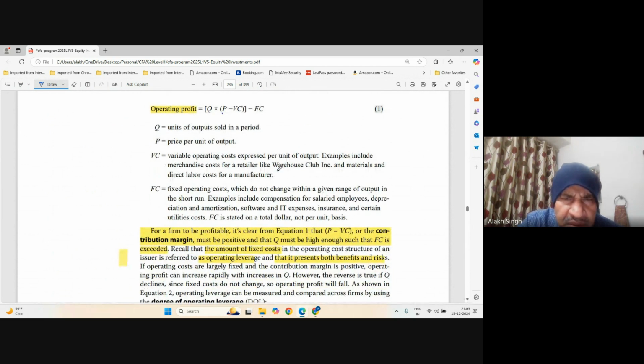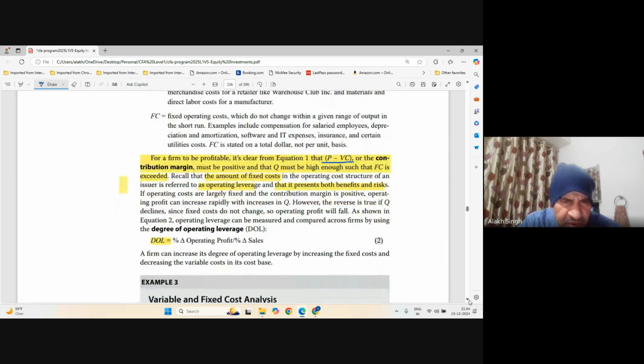And then this one is QP, total revenue, minus QVC, variable cost, and QFC, fixed cost. The price P minus VC is called contribution margin and must be positive. And rest of the things are very much clear. So P minus VC is contribution margin.